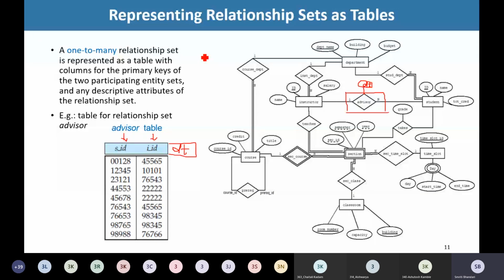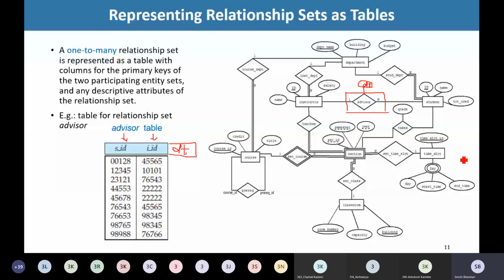And also we are supposed to apply some rules to locate this descriptive attribute, whether it would be part of my relationship set table or whether we can assign this attribute in either of the tables associated with the participating entity sets. So I am going to focus on these rules a bit later.